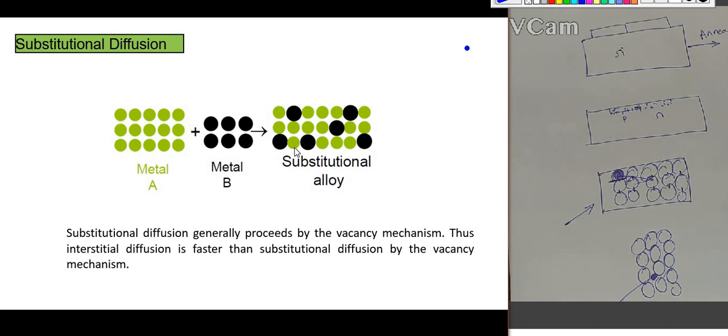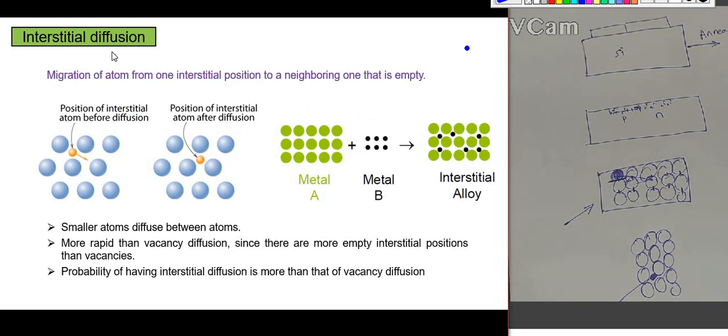So substitution diffusion has occurred here. Okay, so substitution diffusion generally proceeds by a vacancy mechanism. For the substitution, there is a need of vacancy, and after creation of the vacancy, the metal B atom enters the vacancy position. So the interstitial diffusion is faster than substitution diffusion by the vacancy mechanism. When we compare interstitial diffusion and substitution diffusion, interstitial diffusion is faster because there is no need of vacancy.